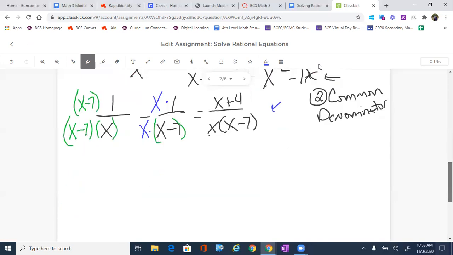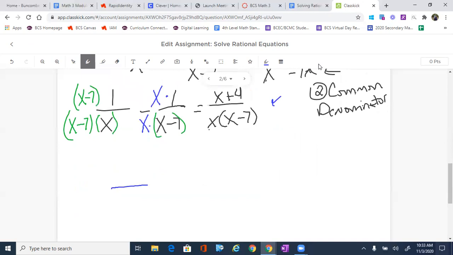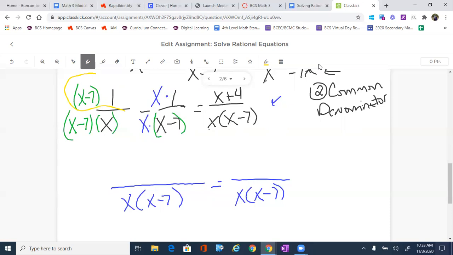So now at this point, I'm going to write a big gigantic fraction. I'm going to have x times x minus 7 equals x times x minus 7. And I'm going to focus in on the numerators now. So we have the numerator on this side, which is simply x minus 7.